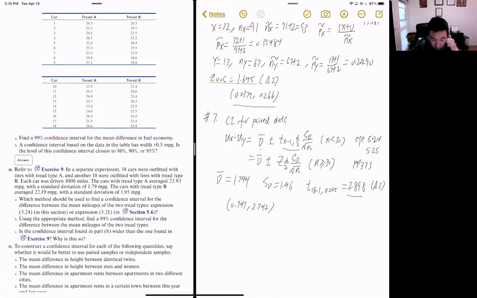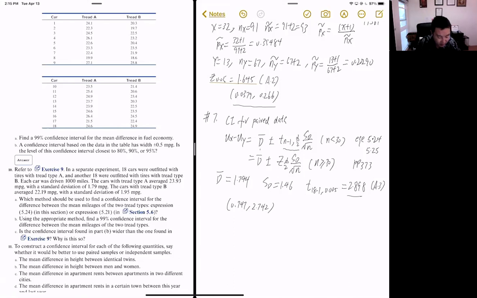Should we use paired data? If not, what equation should we use? For paired data, remember, there should be two different measurements on one sample. For example, for car number 1, we have two measurements, tread A and tread B, two different mpg values.